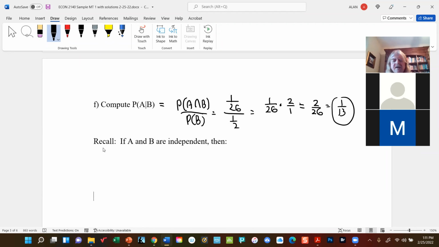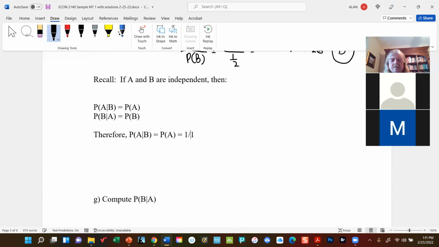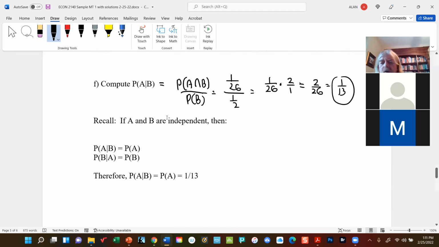The probability of A given B equals the probability of A, and the probability of B given A is the probability of B. So what we could have done was simply said the probability of A given B equals the probability of A, which we previously calculated to be 1 out of 13. And so instead of using the formal definition of A given B, you could have used this to do the same thing. That's up to you, but I just wanted you to notice this.